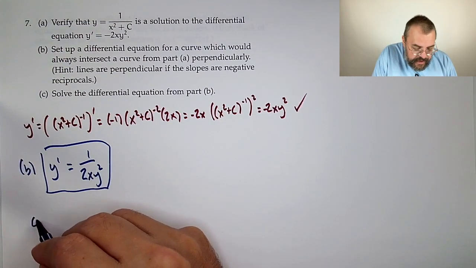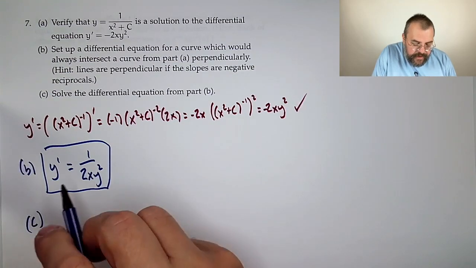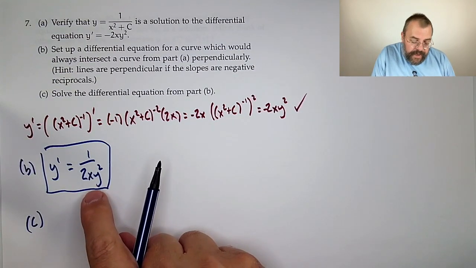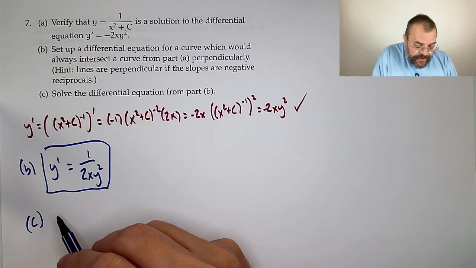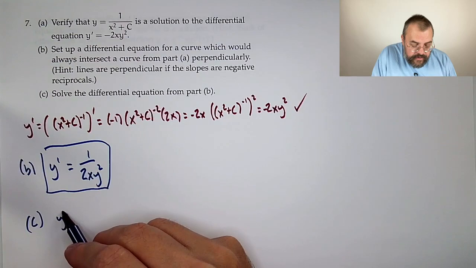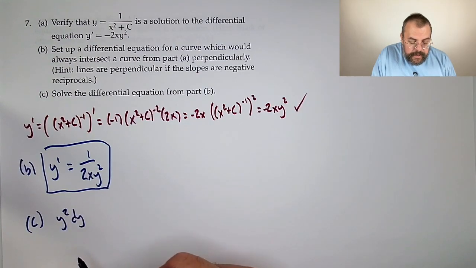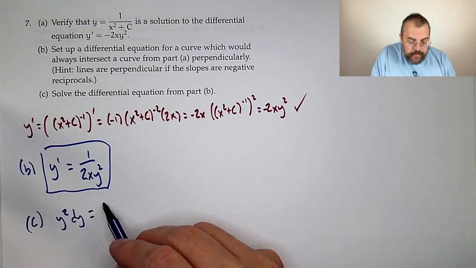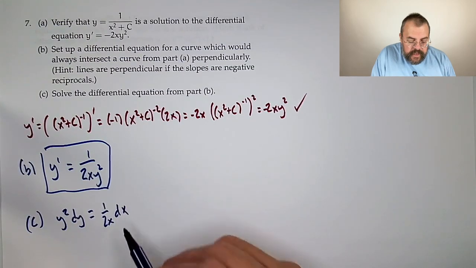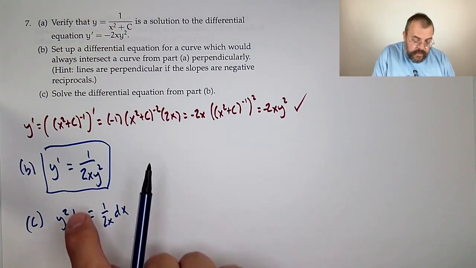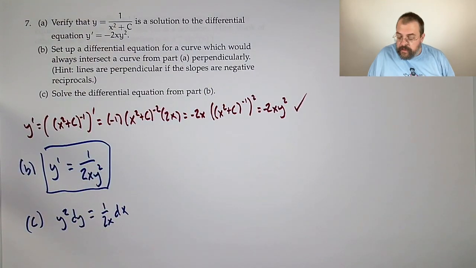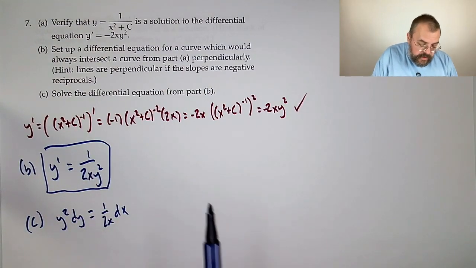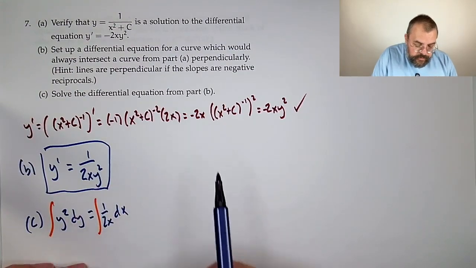Part C. Okay. Solve. Well, that doesn't look so bad because it's separable. So, what can we say? y squared dy is equal to 1 over 2x dx. Right? We move the y squared across, move the dx across, and that's the separation. Do the integration.